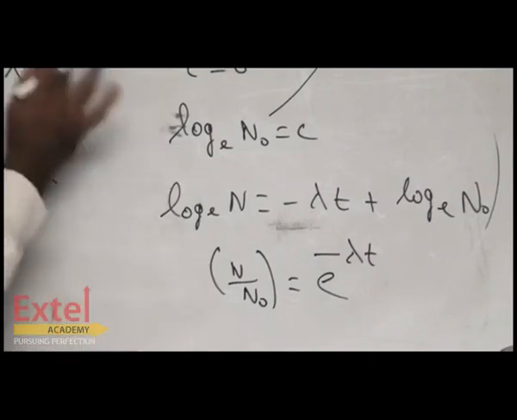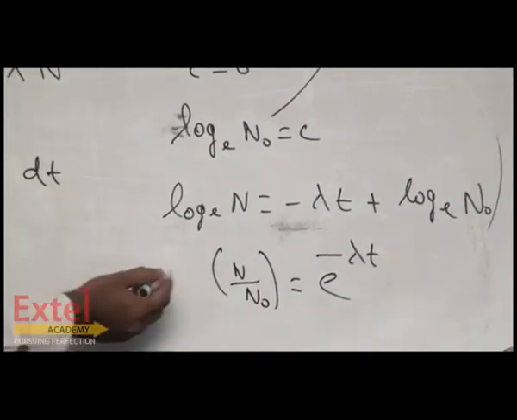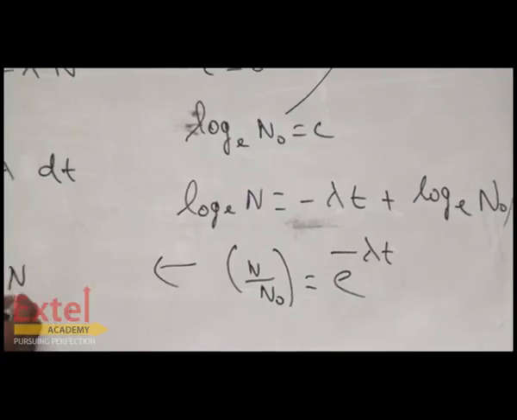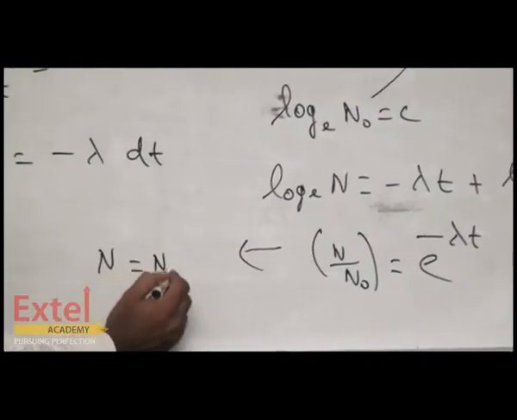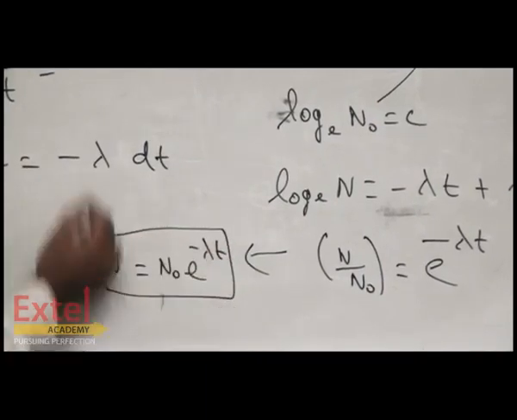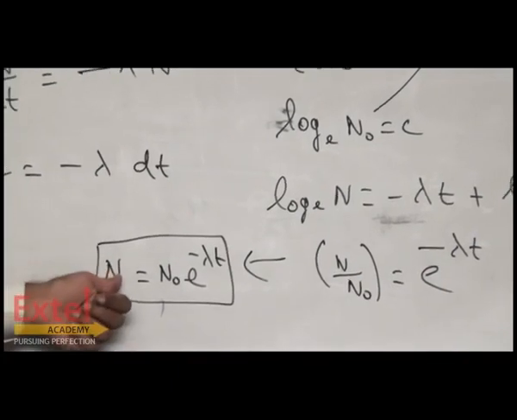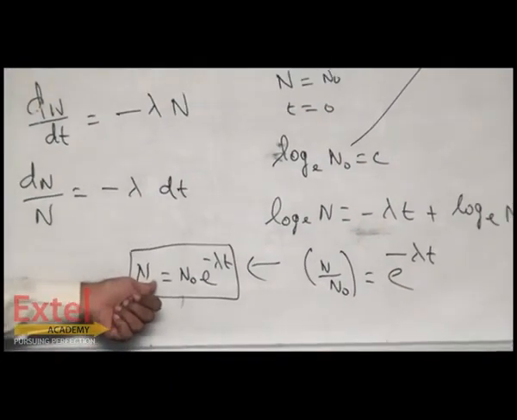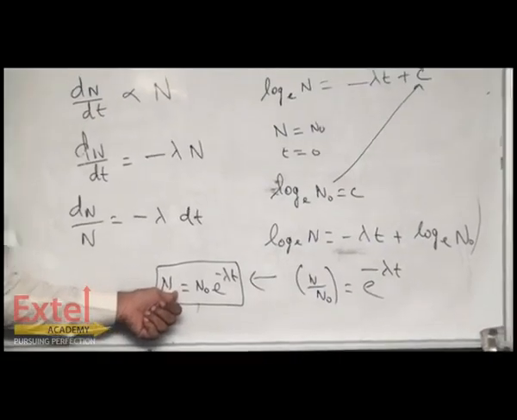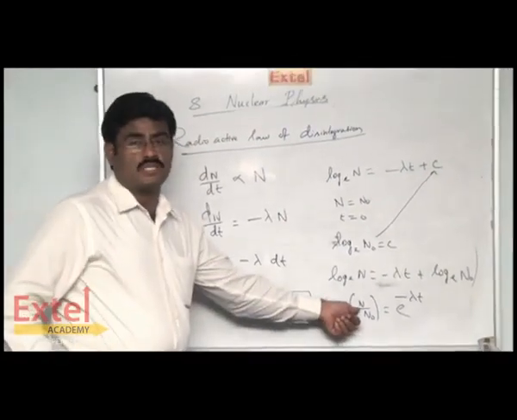So N by N naught is equal to e power minus lambda t. Then you can write N is equal to N naught e power minus lambda t. So this indicates that the number of atoms disintegrating in a given radioactive element follows an exponential process.